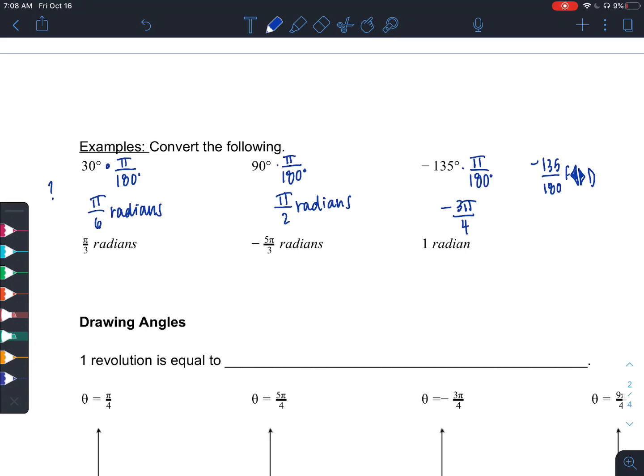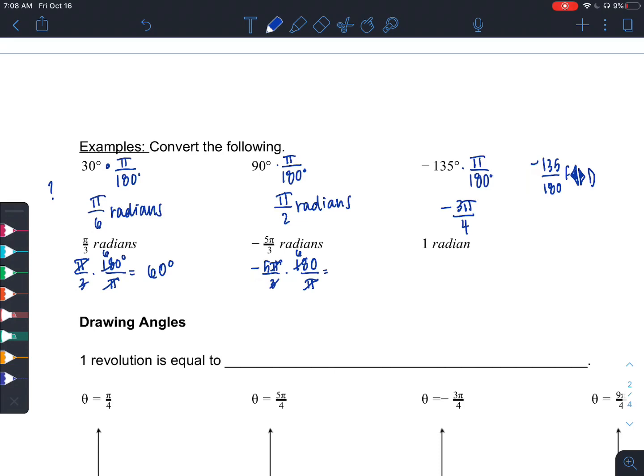Okay, pi over 3 radians, we're going to multiply that by 180 over pi. These pi's cancel. When we divide by 3, it becomes a 6, so we get 60 degrees. And we need to make sure we label. This next one here, these pi's cancel. We're left with 6.